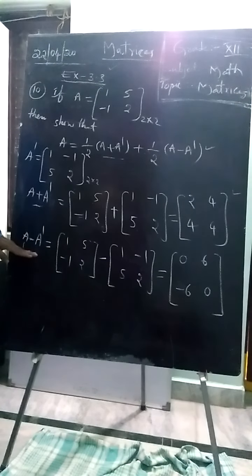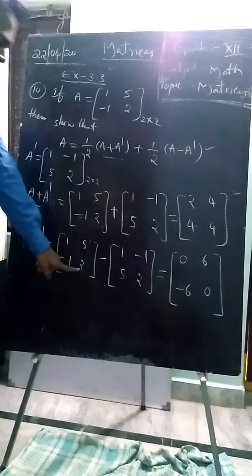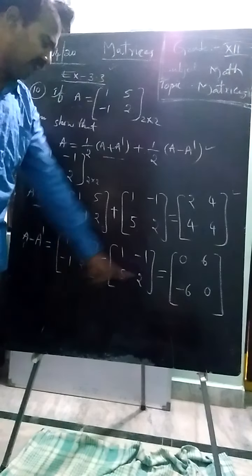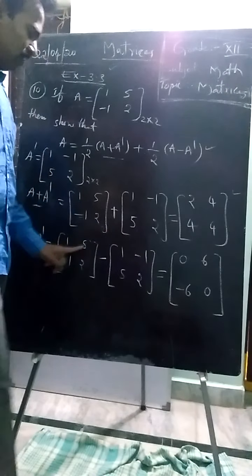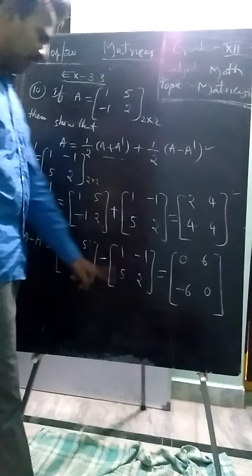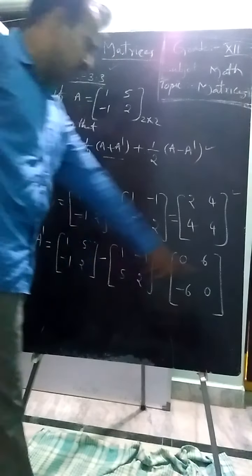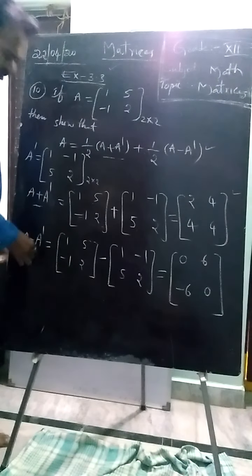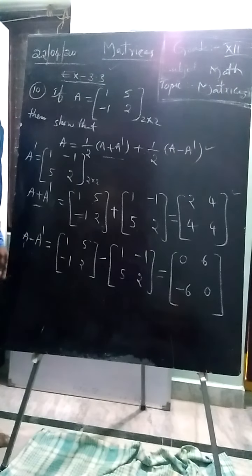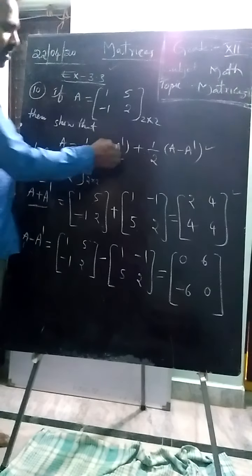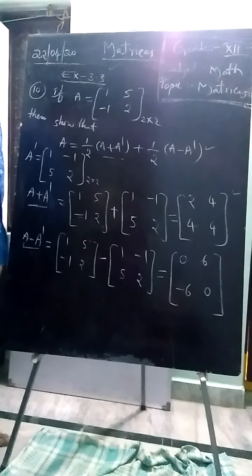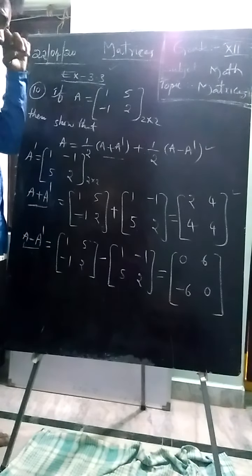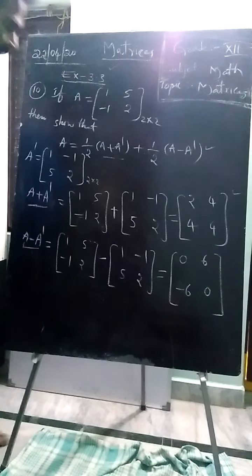Then find A minus A transpose, that is 1 5 minus 1 2 minus 1 minus 1 5 2. Then 1 minus 1 is 0, 5 minus of minus 1 is 5 plus 1, 6, minus 1 minus 5 is minus 6, 2 minus 2 is 0. So we have a skew symmetric matrix form. So we have A plus A transpose and A minus A transpose. Then let us recheck whether the given relation is true or not.